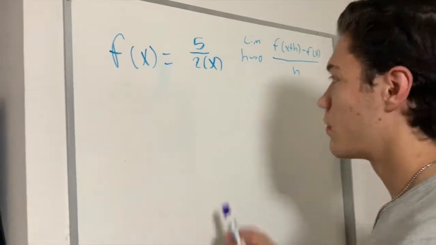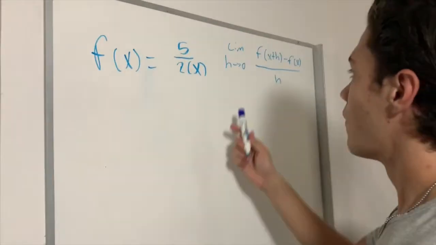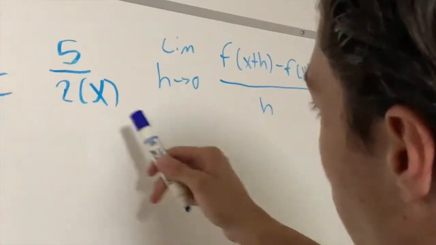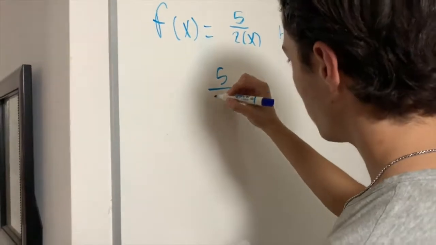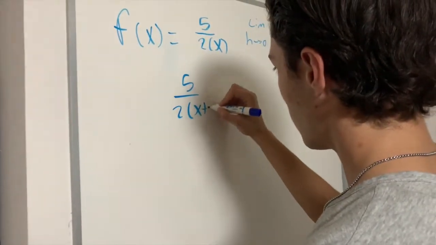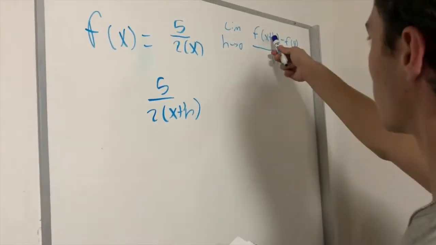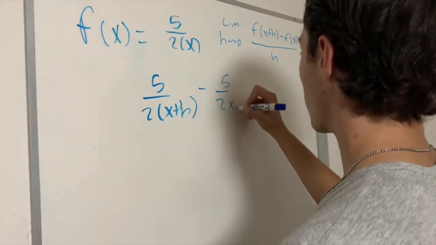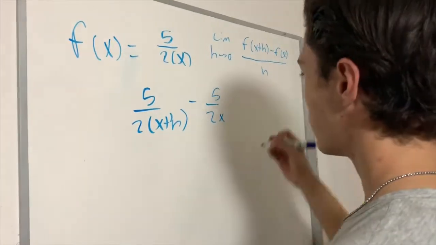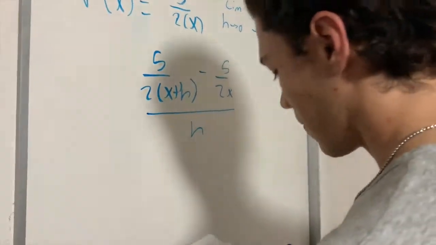Okay, so we're going to do a function by using derivatives by definition. So first we have to plug the formula with the x's, which will give us 5 over 2 times x plus h minus 5 over 2x, which is our original equation, over h.